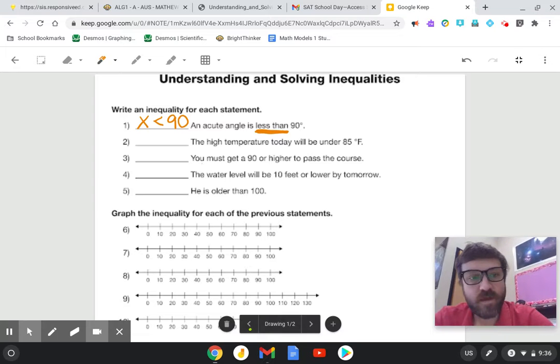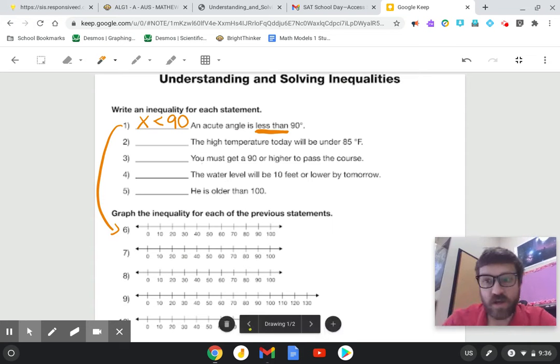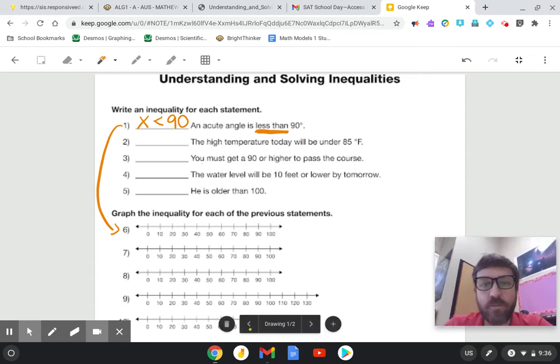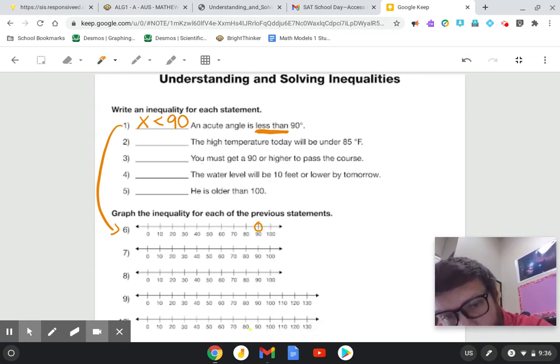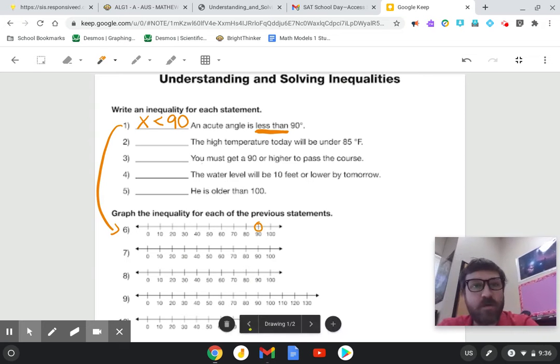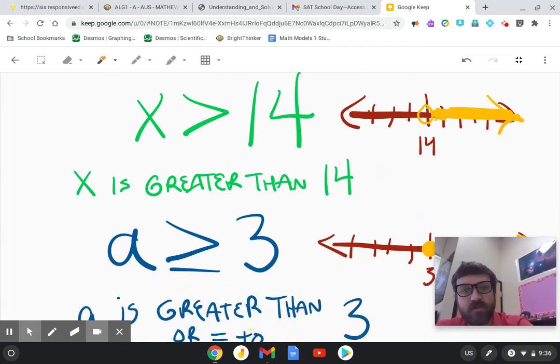Then they want us to take those answers and put them in an inequality or graphed on a number line. Well, we know 90 is the number, and it's going to be an open circle. Remember, it's going to be an open circle because there is no equal part to this, like we talked about over here. Remember that when it doesn't have the bar down here, it is open circle.